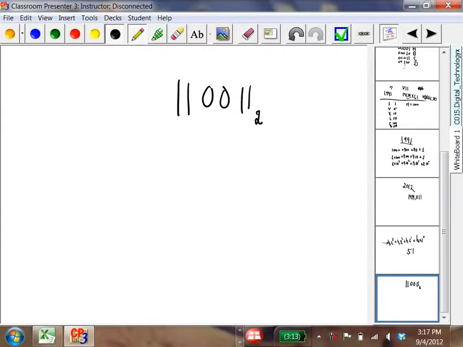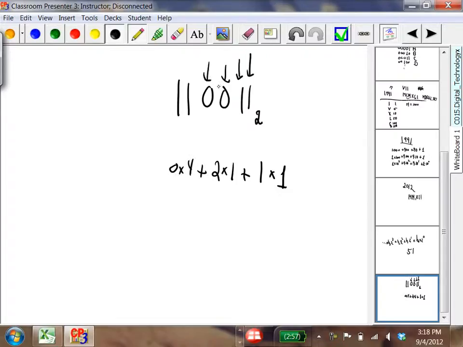So it's going to be one. Let's start with this one over here. That gets multiplied by one. Plus this one right here gets multiplied by 2. This 0 gets multiplied by 4.